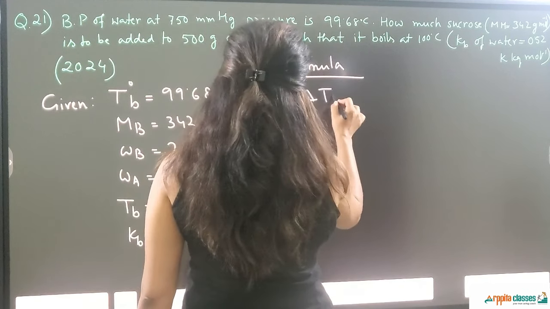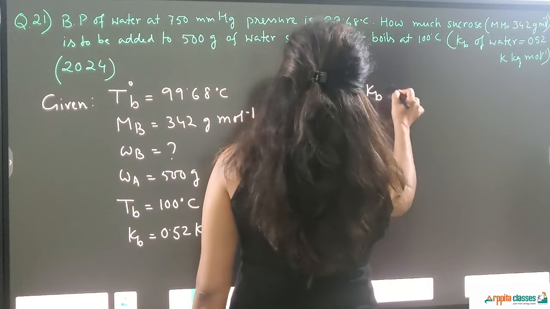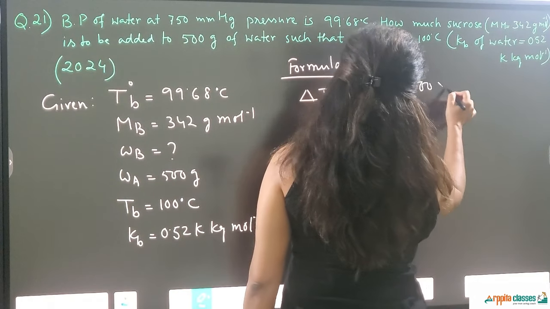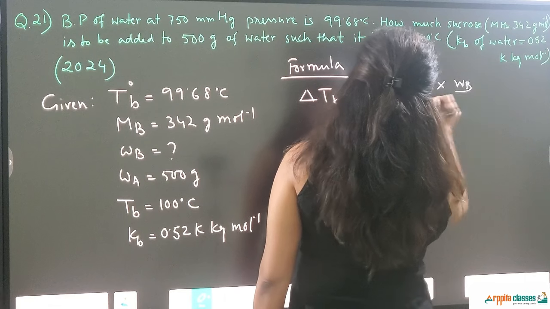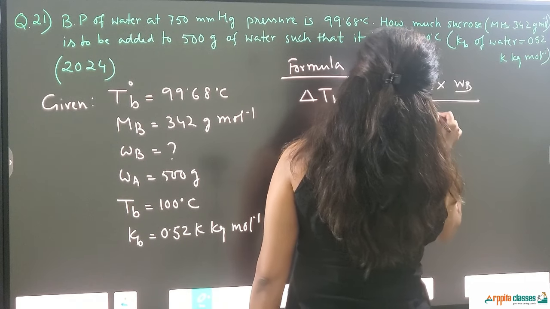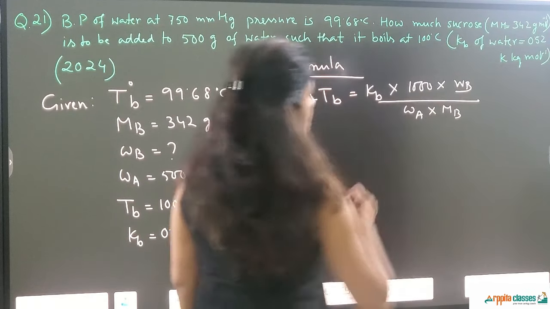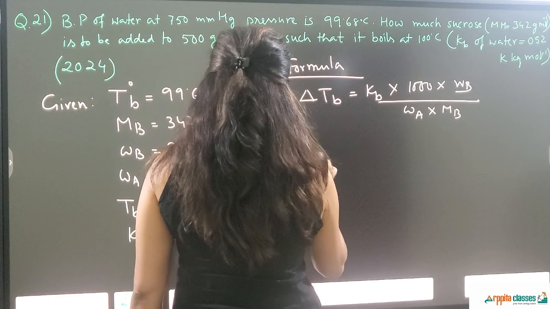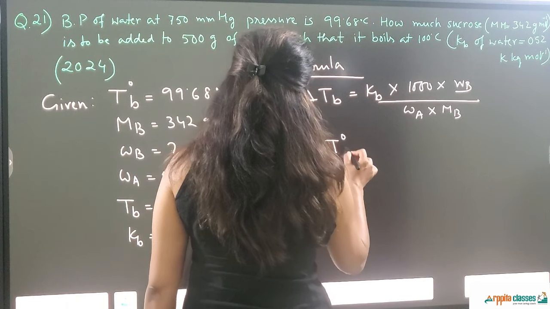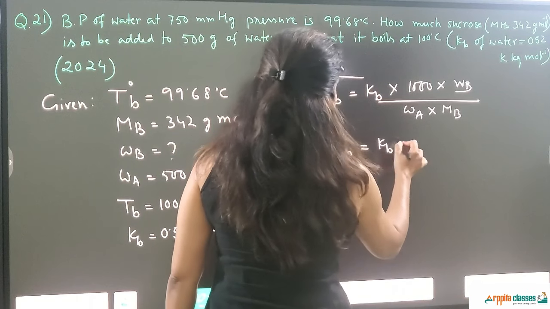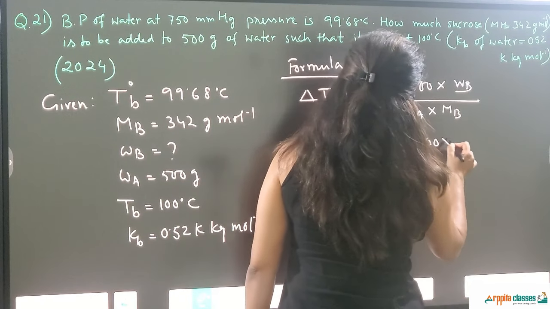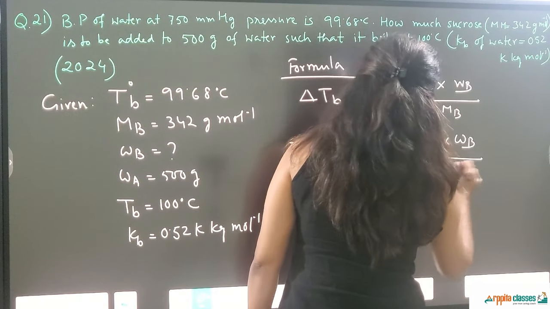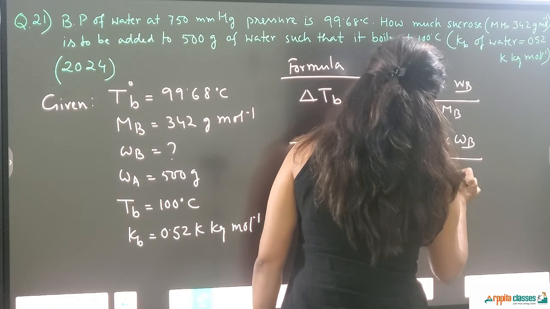So delta Tb is equal to Kb into 1000 into Wb divided by Wa into Mb. This is the formula for boiling point elevation, that means the boiling point of the solution is more. So it is Tb minus T0b is equal to Kb into 1000 into Wb divided by Wa into Mb.